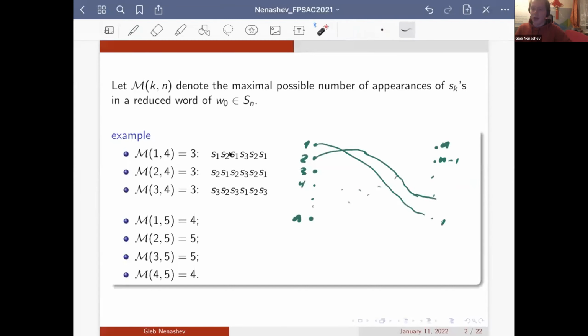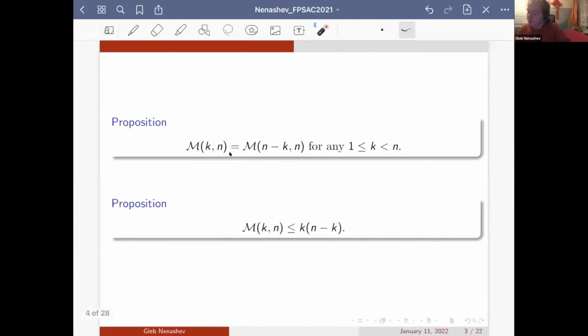When we consider the symmetric wiring diagram, just the mirror of this, we see that the number of s_k will be equal to the number of s_{n-k}. Therefore, the first proposition is M_k,n is equal to M_{n-k},n.